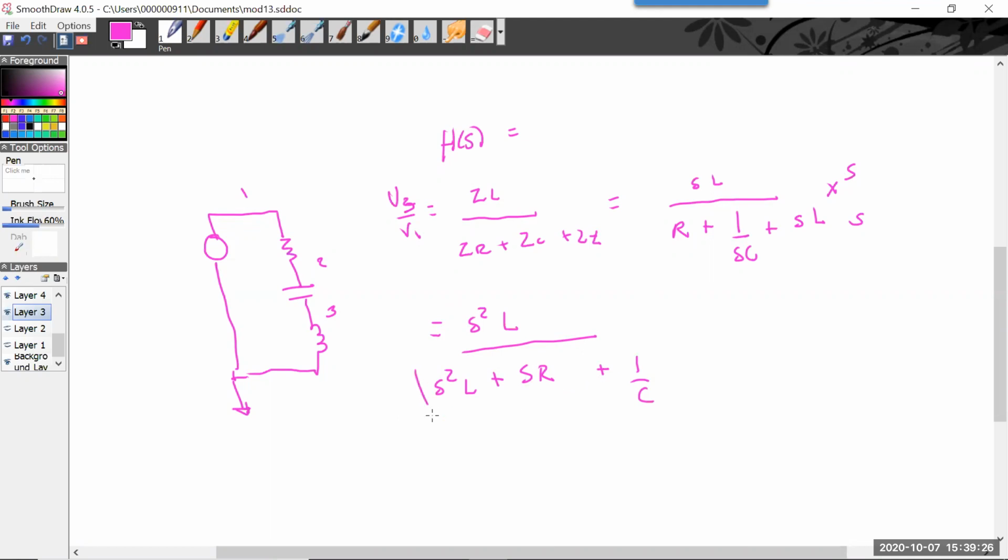Now it's really much better to have this scaled by 1.